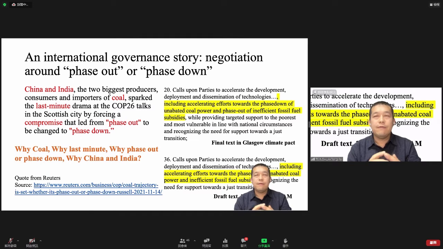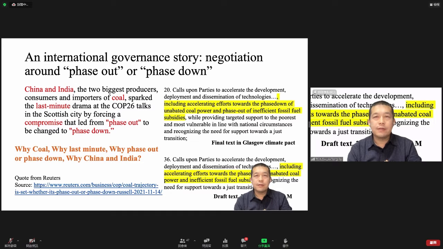So generally, this means we need to reduce the coal capacity stepwise, which is the exact meaning of phase down, and to stop the inefficient fossil fuel subsidies, which is the exact meaning of phase out.